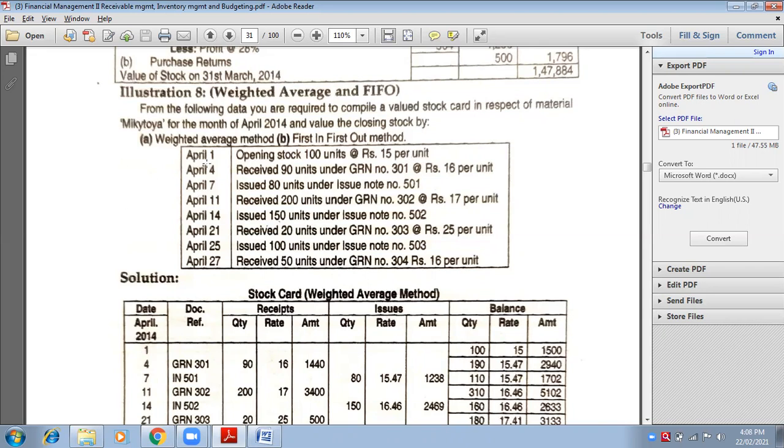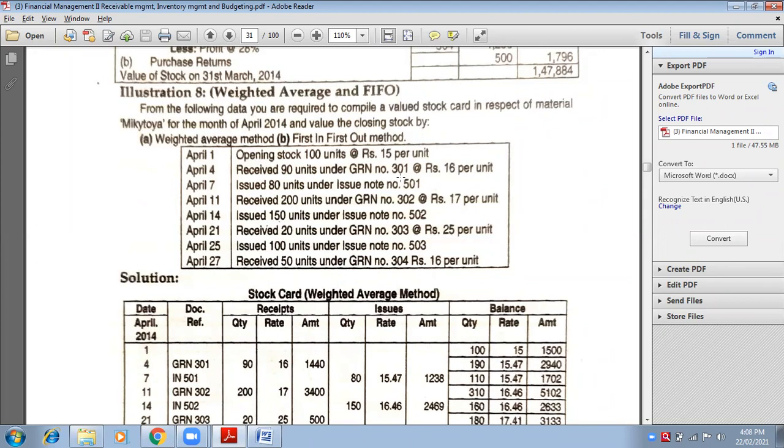Okay. Now next, April 4. So you have to write just 4. Received means receipt. 90 units under GRN number 304. This is just for information. You don't have to write this GRN number anywhere, so you just have to ignore it. 90 units received at the rate of 16 per unit.